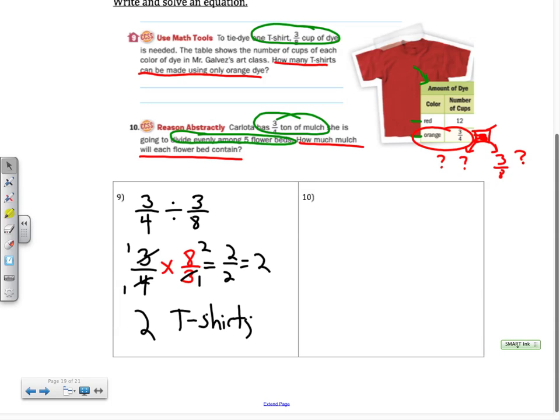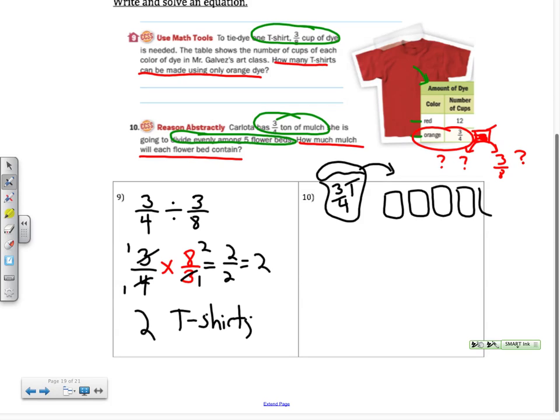So I am visualizing this big bag of mulch. And I am thinking there's 3/4 ton in there. That mulch has to be poured out into how many flower beds? Into 5. So if this were a flower bed, 2, 3, 4, 5, I have to figure out how much mulch is going to go in each of those.